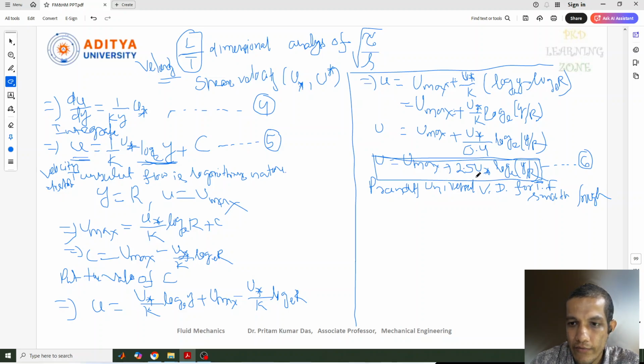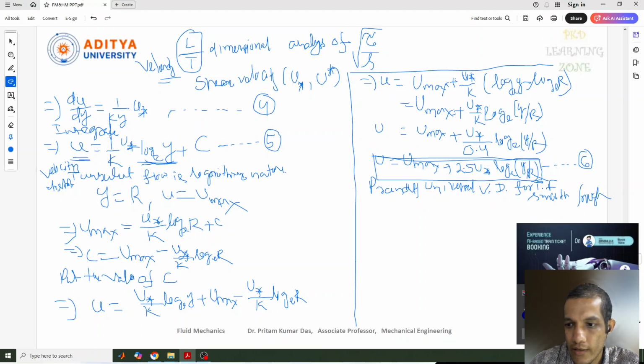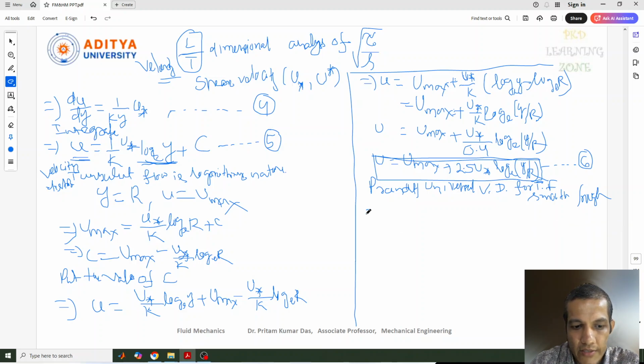Now again, if you want to change this equation, we can write in such a way. That means we take this value to the other side. So let's write in such a way: U max, and this U value we take to the other side.